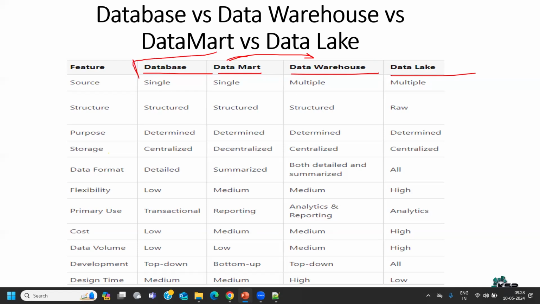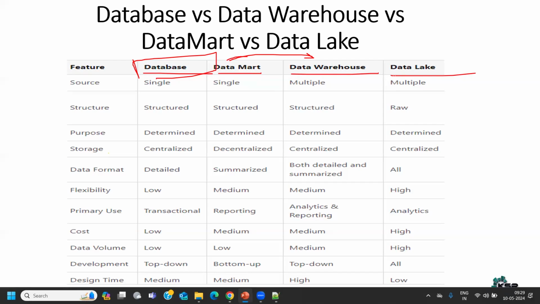You are getting it in the wrong manner. See, if there is no data warehouse, there is no data mart. Data lake is independent. Data warehouse is independent. Data mart is not independent. Data mart is dependent on the data warehouse. You cannot create a data mart without a data warehouse.